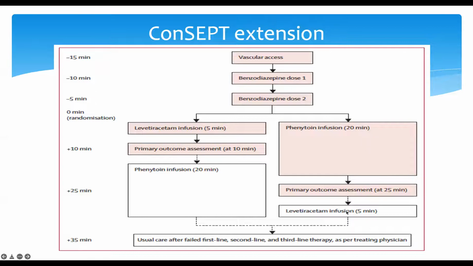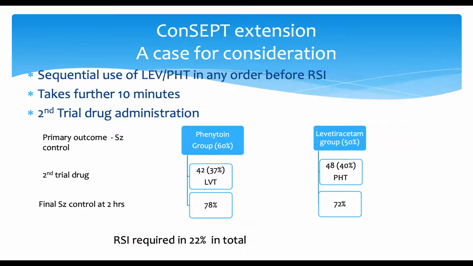Again, if you go this route also, it takes the same way. The total, both groups, it finishes in the same way as 35 minutes to the end point. So what they compared was in the phenytoin group who have received levetiracetam, there was an initial 60% success rate, and then adding levetiracetam, that extra time, given a further reduction of another 37% success.